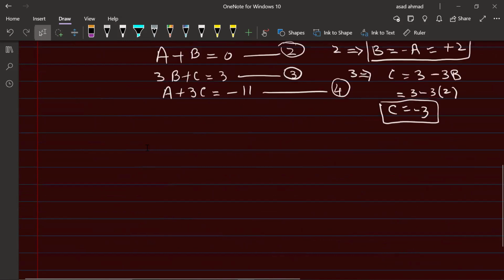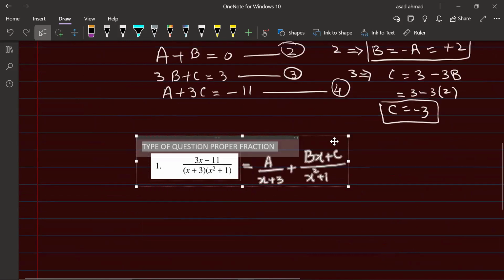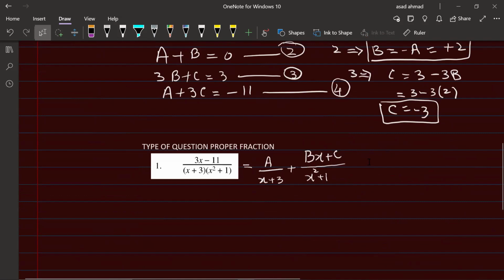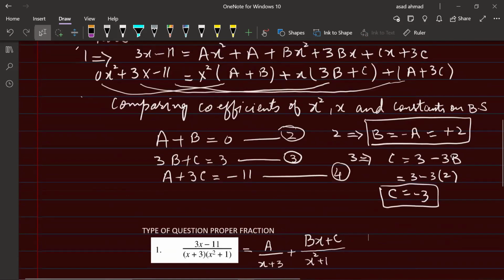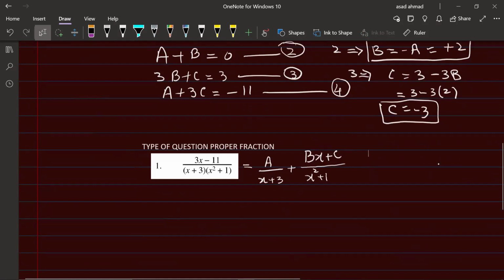So at this stage, we will rewrite the question again. And in this equation, we will substitute the values of A, B, C, which are just calculated. So A is equal to minus 2. So we will put it right here.